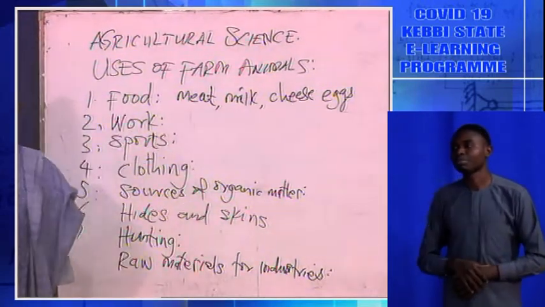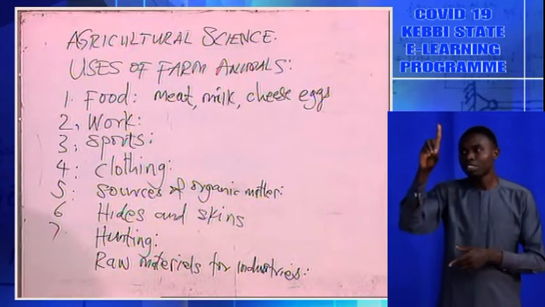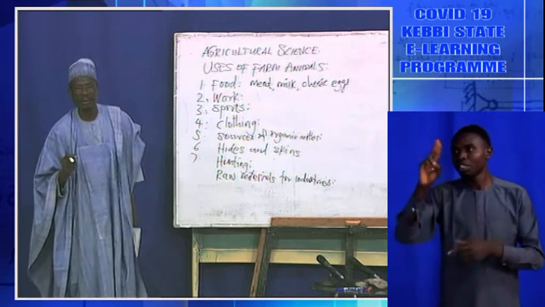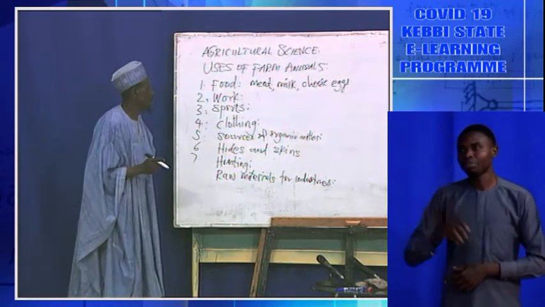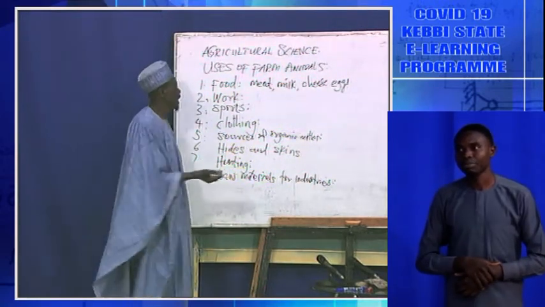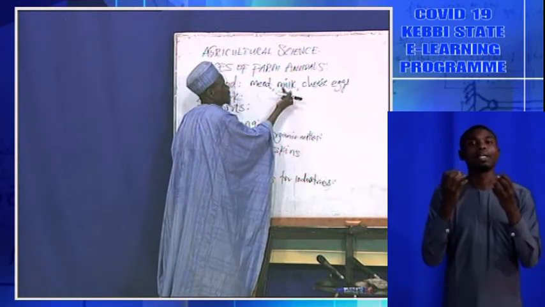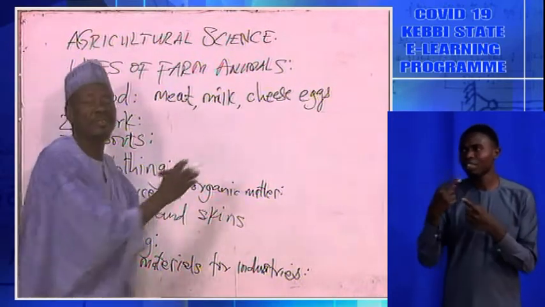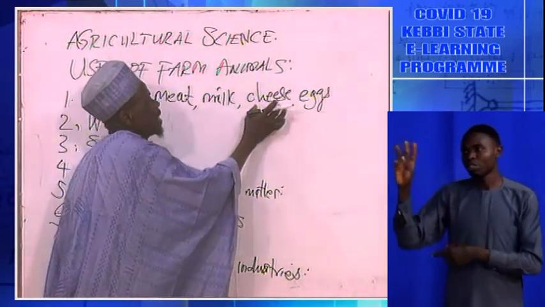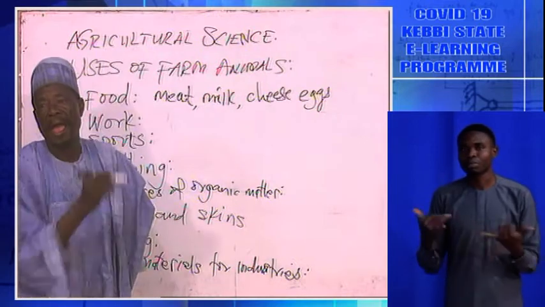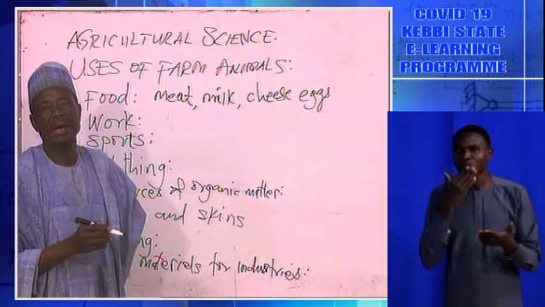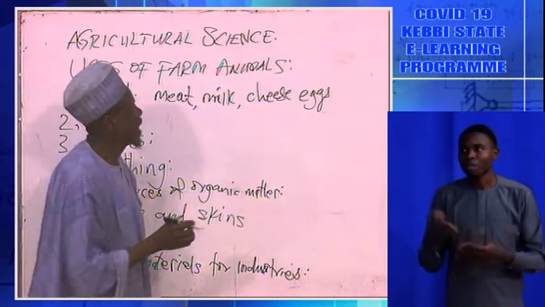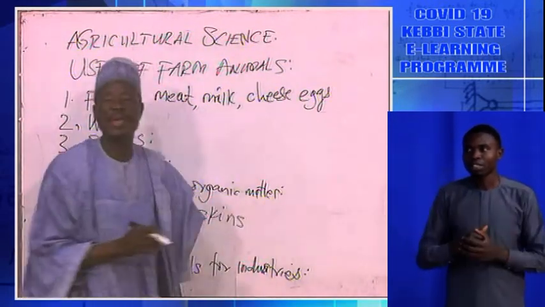We know them. We have cows or cattle, fowls, goats, sheep, camels, and so on. Milk is the same. Meat and milk are provided by these animals, while cheese is from milk. We get cheese or butter. Butter, maishani. Eggs, white, from poultry.